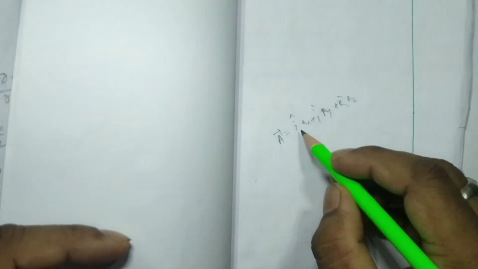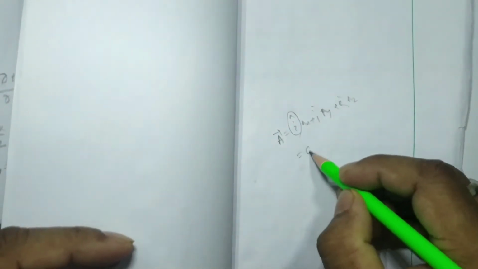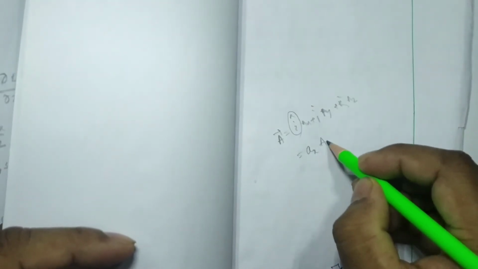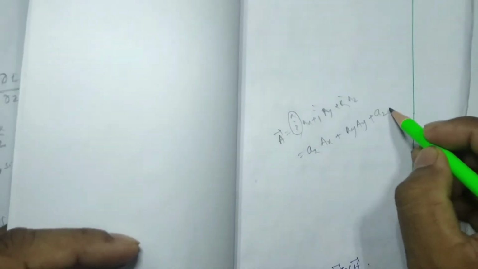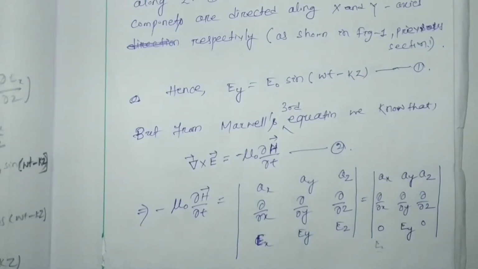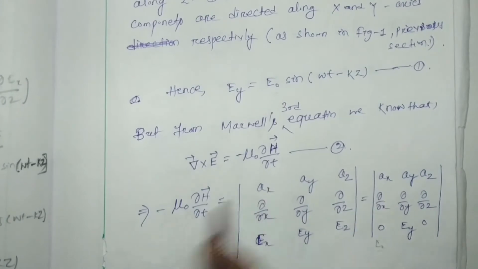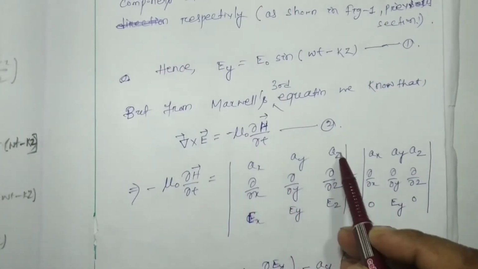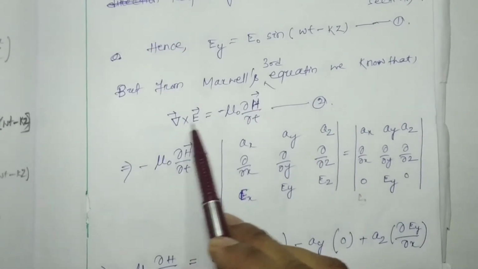But here in your electromagnetic theory explanations, many books write ax, ay, az instead of I cap, j cap, k cap. So don't be confused. Here ax represents the direction. So ax, ay, az. Del cross E we are trying to find out.